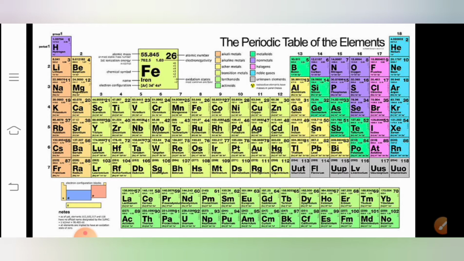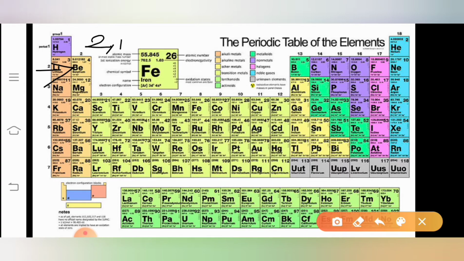Correct? And all the elements in the period contain the same number of shells. I repeat, all the elements in the period contain the same number of shells. Let me give an example to understand. If you look at the second period, the first element is lithium, correct? And its electronic configuration is 2,1.